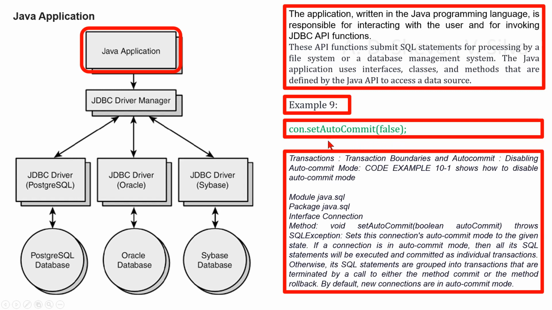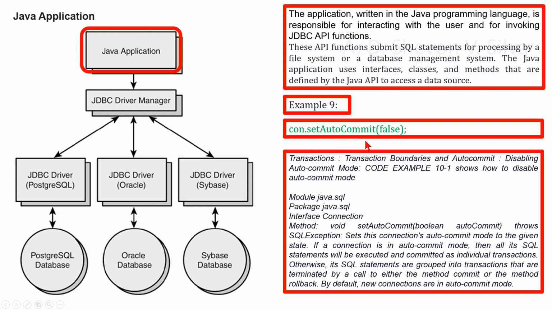The method setAutoCommit(boolean autoCommit) in interface Connection in package java.sql in module java.sql sets this connection's auto commit mode to the given state.